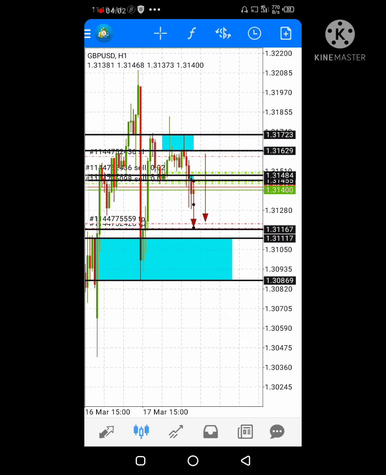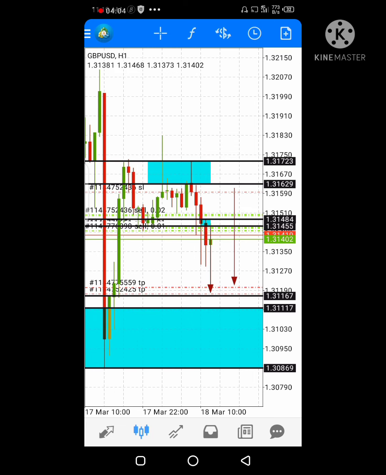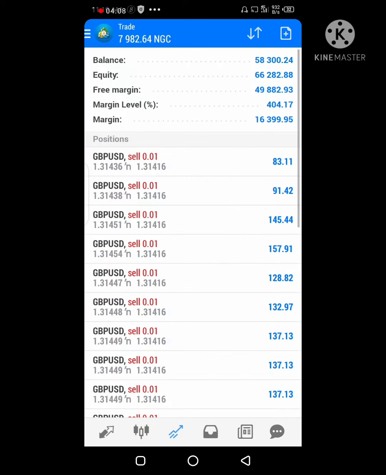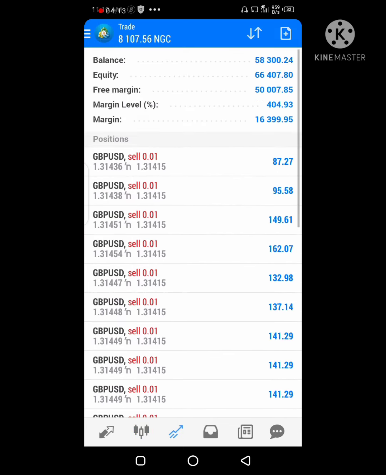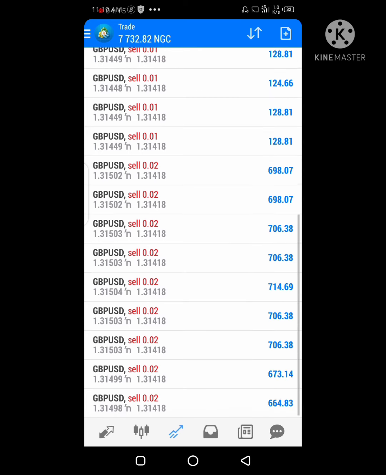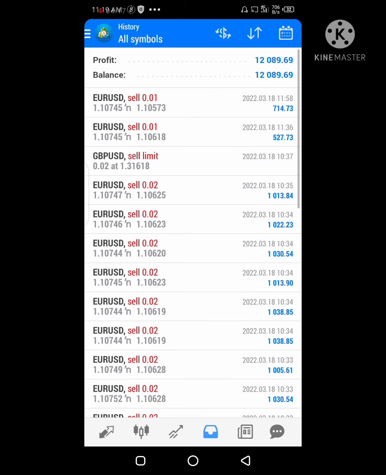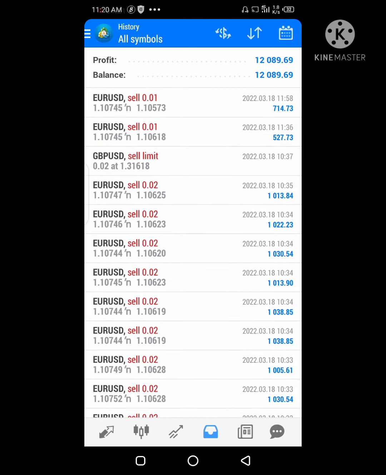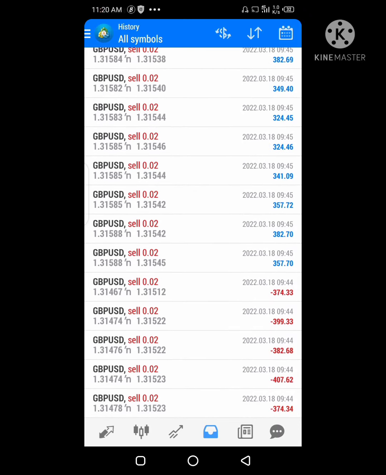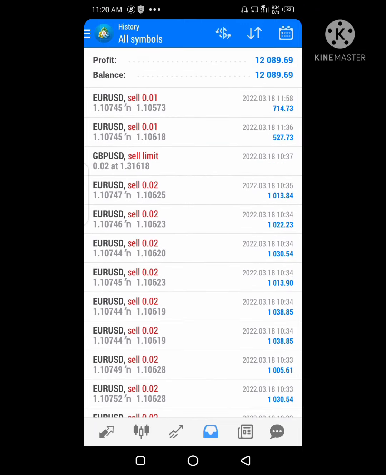So you see what I'm saying. I'm already in profit for both my second and my first entries, and I've entered a couple of trades using it, this one is Euro USD and some other Great Britain USD.